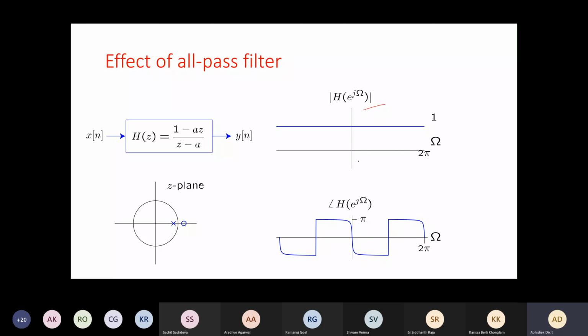Let us try to see what happens to our signals if they pass through such an all pass filter, which has a constant magnitude response. The phase response might be something like this. Clear?